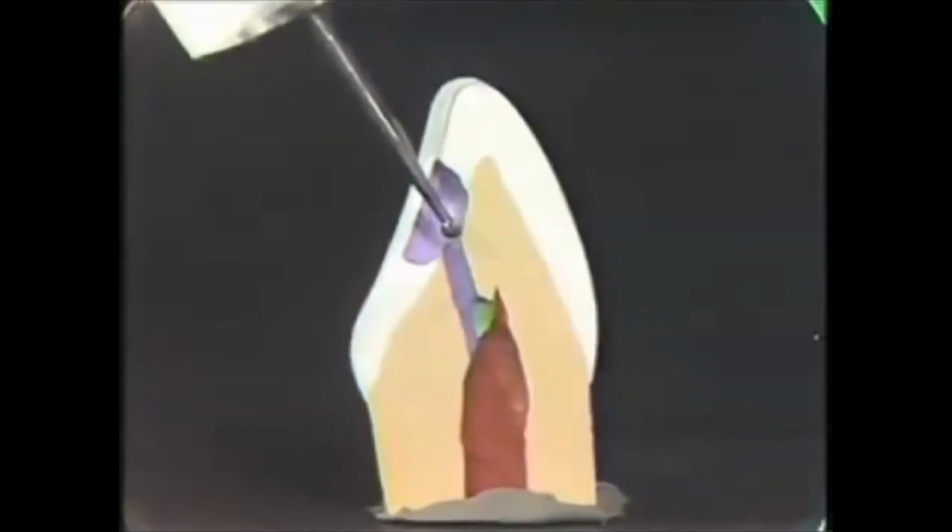Now you won't be able to remove it in one pass, so you'll have to reinsert the burr. Feel again for the walls, keeping away from the wall of the pulp chamber, locating, in this case, the lingual roof of the pulp chamber, and once again unroofing, working from the inside out.